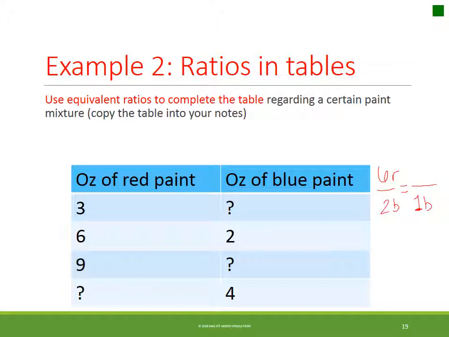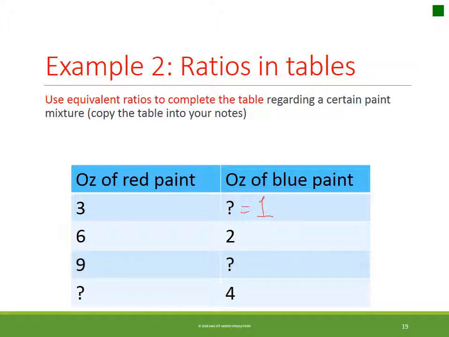So the way to do that is to divide my numerator by my denominator, or quantity 1 divided by quantity 2. 6 divided by 2. Well, 6 divided by 2 is 3. So my unit rate is 3 ounces of red paint for 1 ounce of blue paint, which is pretty cool because I have a 3 right here. So I know that 3 ounces of red paint is going to be equal to 1 ounce of blue paint.